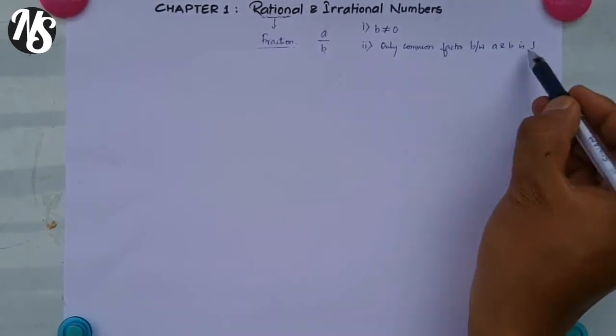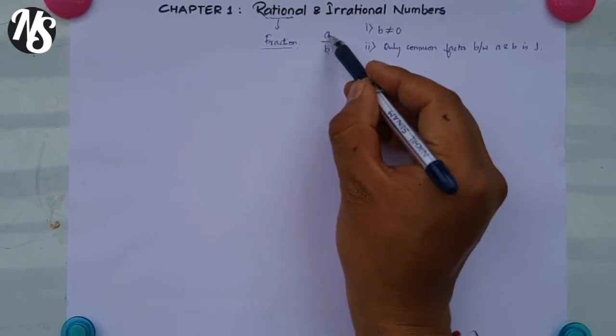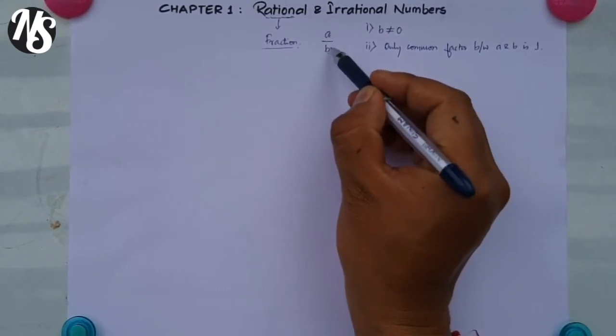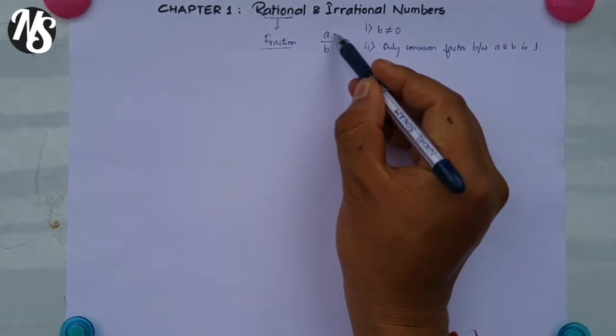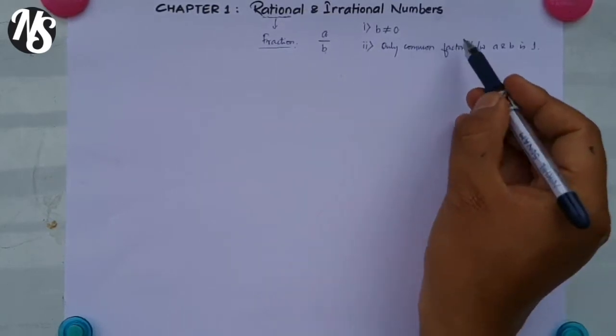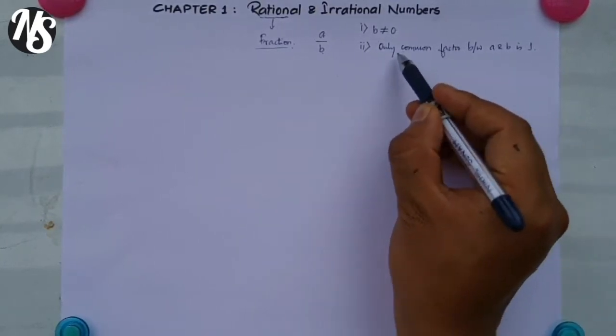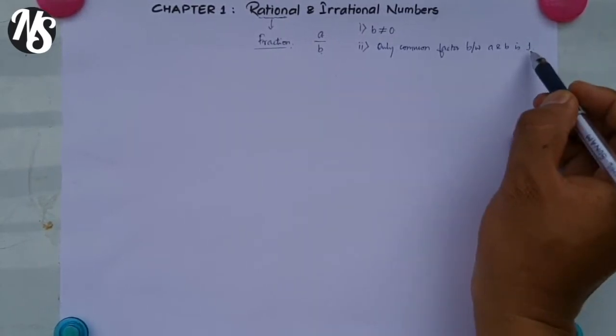Apart from 1, you cannot have any other common factor. That means you cannot have 2 as a factor of this and 2 as a factor of this as well. If 2 is a factor of a, the factor of b cannot be 2. That's the meaning of this sentence: the only common factor between a and b, that is numerator and denominator, is 1.